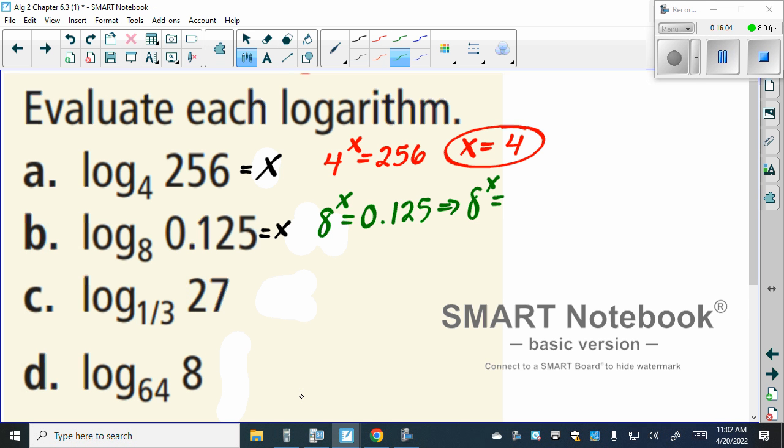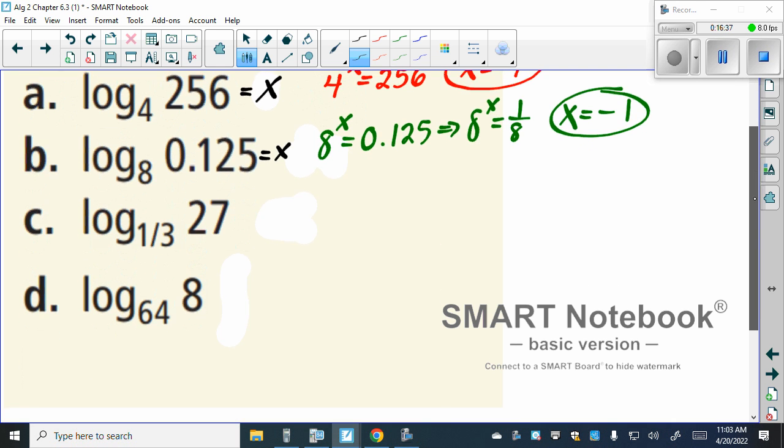So here we're saying 8 to the x is equal to 1/8. How can I move a number from the numerator to denominator? Negative. So it'll be negative. Did the 8 change value? No, it's still just 8, right? So it's going to be just -1. Because if we're just moving the number from the numerator to denominator, denominator to numerator, it's really just going to be -1.